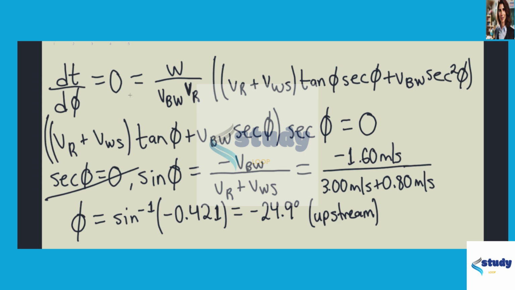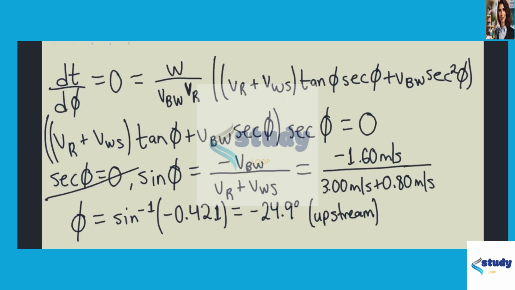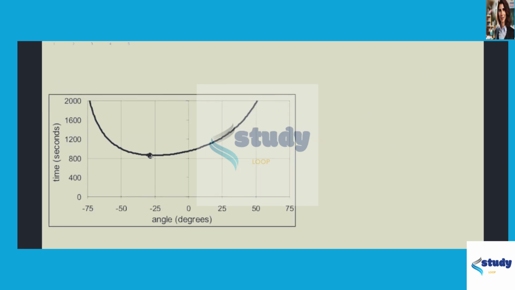And when we graph that, we can see that this would be the graph, and right here would be our answer, again, 24.9 degrees. That would be our negative 24.9 degrees. That would be our true minimum. Therefore, we know that this angle would prove to be a minimum time.